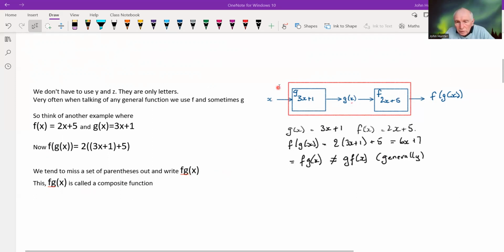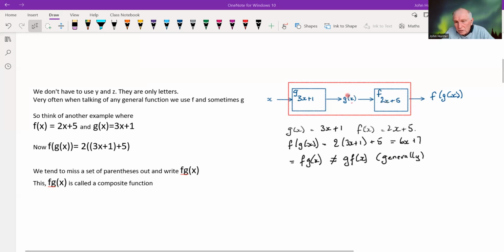So let's just have a look at this in a sort of process diagram. We've got x going into this function here, 3x plus 1, so multiplying the value by 3 and adding 1, and what we get out is g of x. And then we're putting that into this function, which is 2x plus 5.